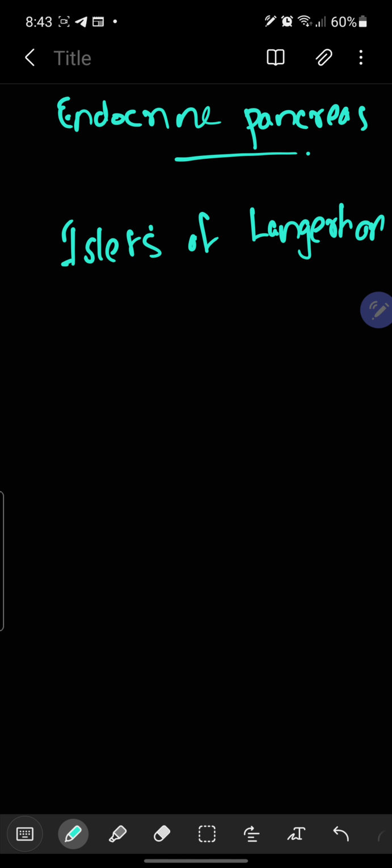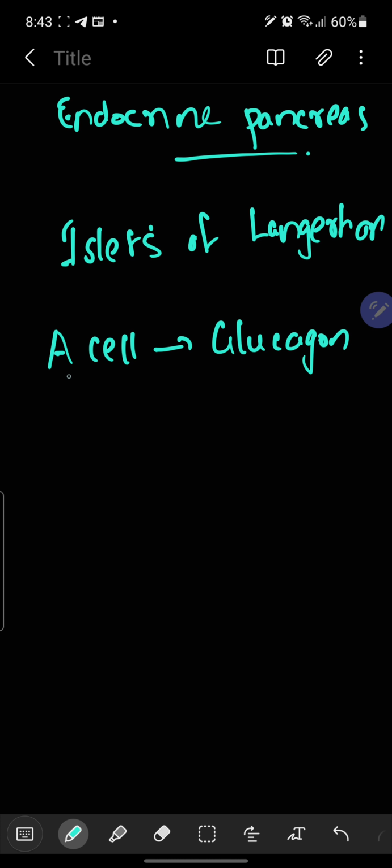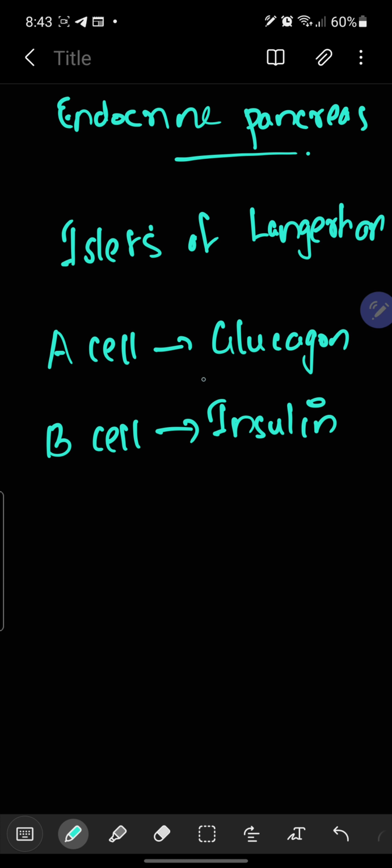In the islets of Langerhans, there are A cells, otherwise called alpha cells, which produce glucagon, and B cells or beta cells which produce insulin. Glucagon will increase the blood glucose level. Insulin will decrease the blood glucose level.